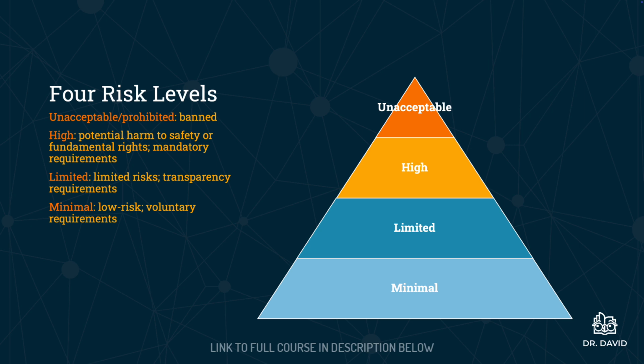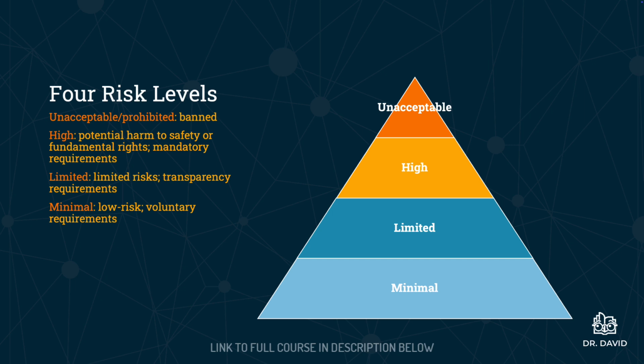At a very high level, and we are going to talk more about these in detail throughout this series, unacceptable and prohibited systems are banned. High-risk systems are those that pose potential harm to safety or fundamental rights. For high-risk systems, there are mandatory requirements, and we're going to spend a lot of time talking about those requirements.